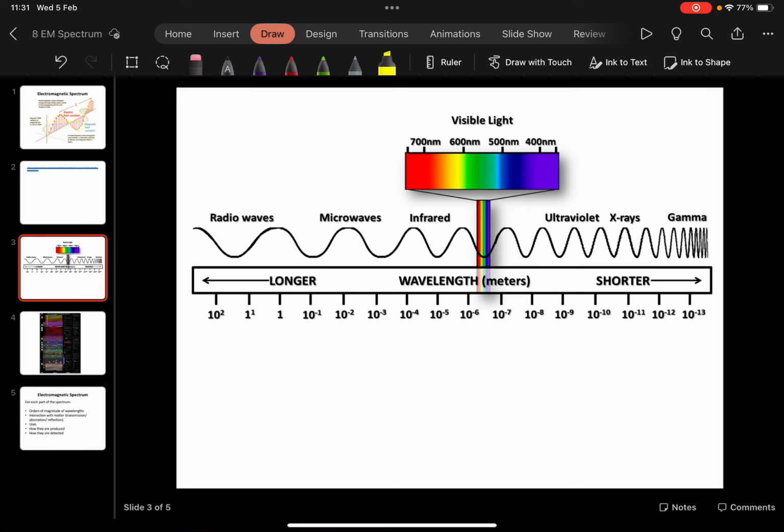One final thing to say about the electromagnetic spectrum is it's not like discrete sections, it's a continuum. In other words, visible light is no different to gamma or X-rays in the sense that all of them are variations of electric and magnetic fields. I guess the reason that visible light is different to an X-ray is it's all about how it interacts with matter.